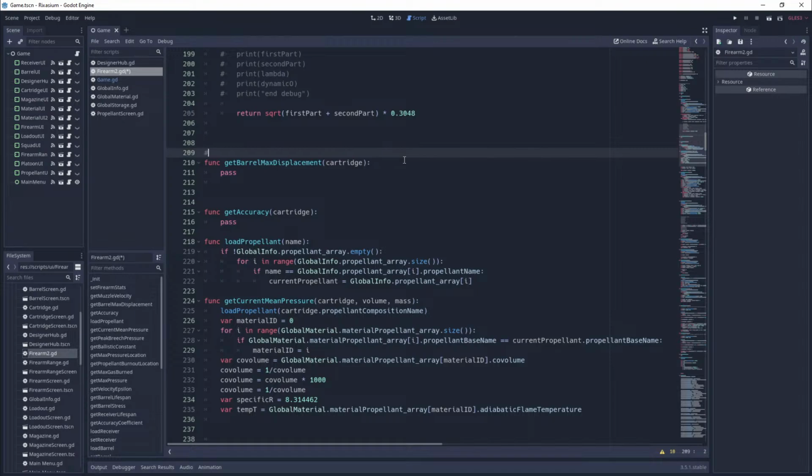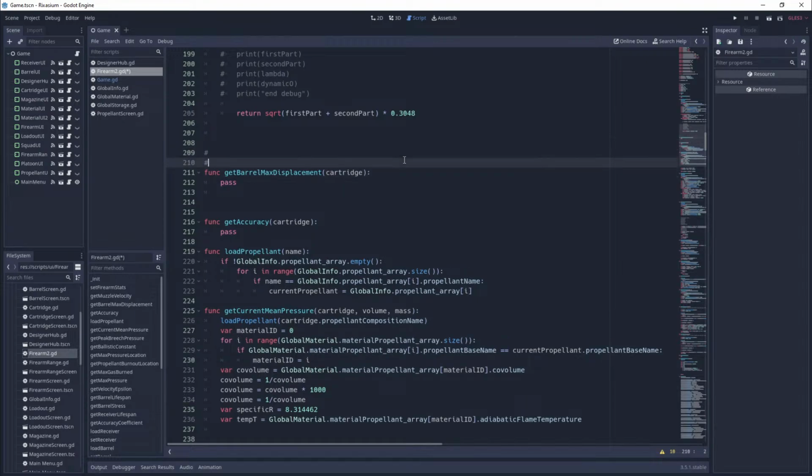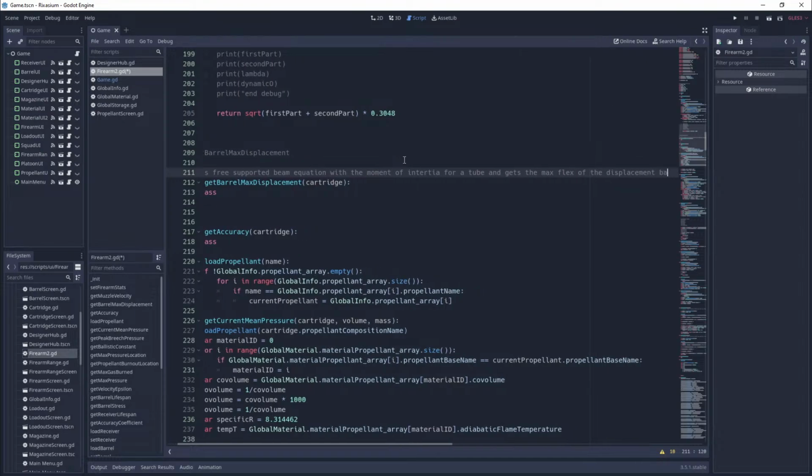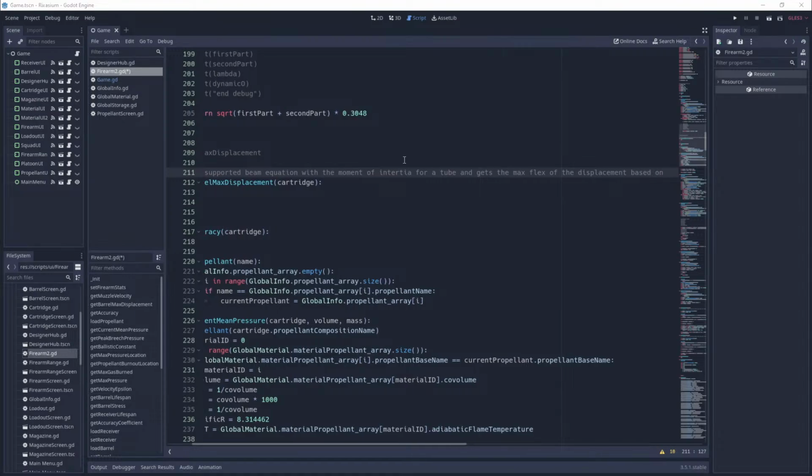So I'm going to start some simple documentation. Displacement uses the pre-supported beam equation with the moment of inertia for a tube and gets the max flux of the displacement based on stuff.